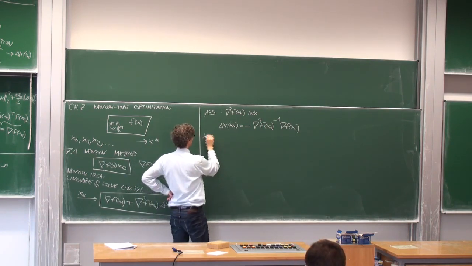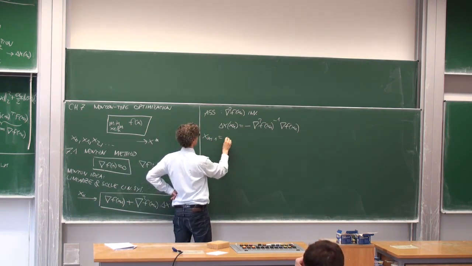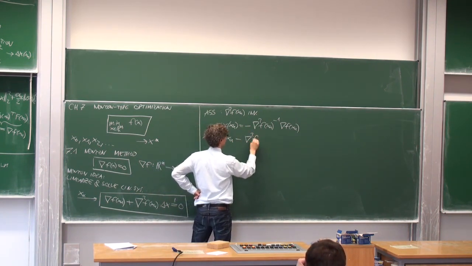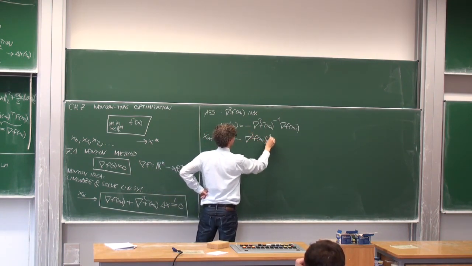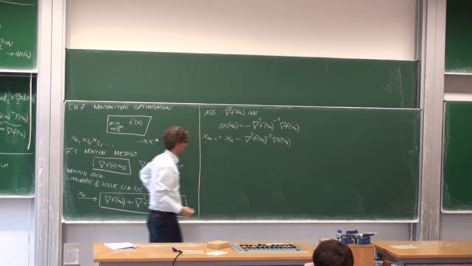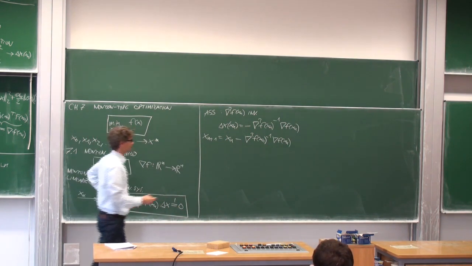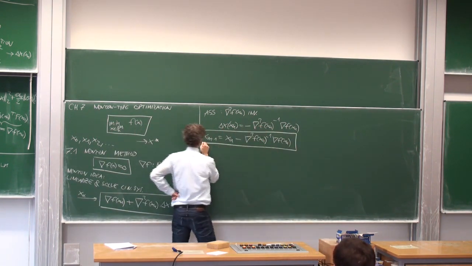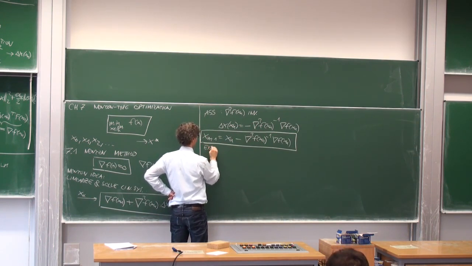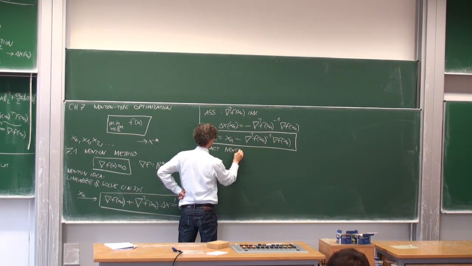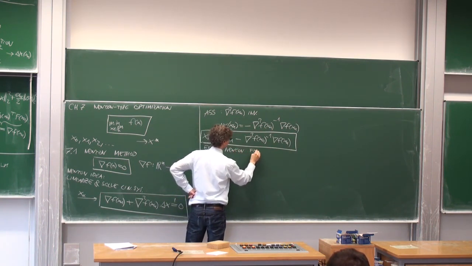So xk plus 1 is equal to the old xk plus the step, which will be this iteration. So this is called the exact Newton's method for optimization.